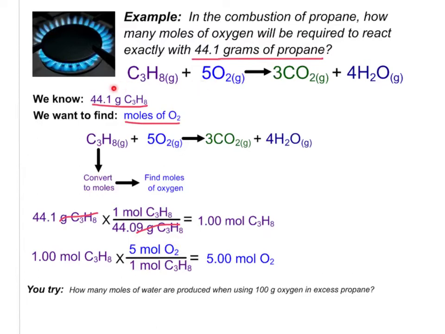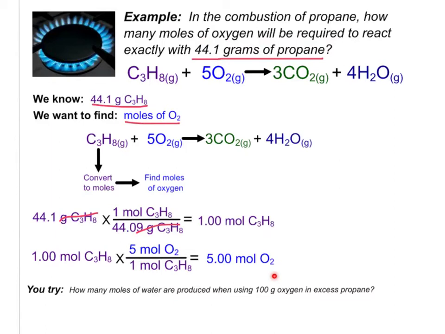We know that 5 moles of oxygen is needed to react with 1 mole of propane. Just like our 1 slice of cheese was needed to combine with 2 slices of bread, we have our relationship right here. And the answer, when you multiply that out, is 5.00 moles of oxygen. And that is the answer.